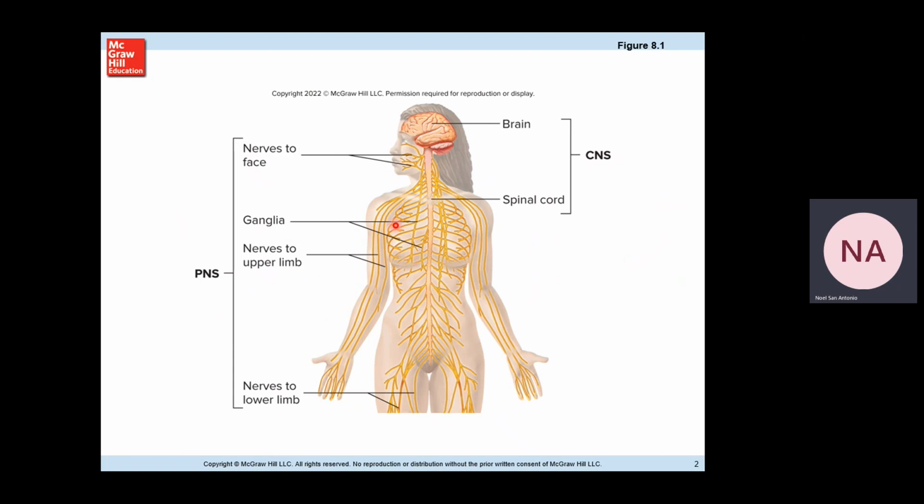Therefore, if you look at these nerves, some of these nerves of the PNS conduct impulses going into the nervous system, afferent, because they provide input. While some of these nerves also conduct impulses away from the nervous system.